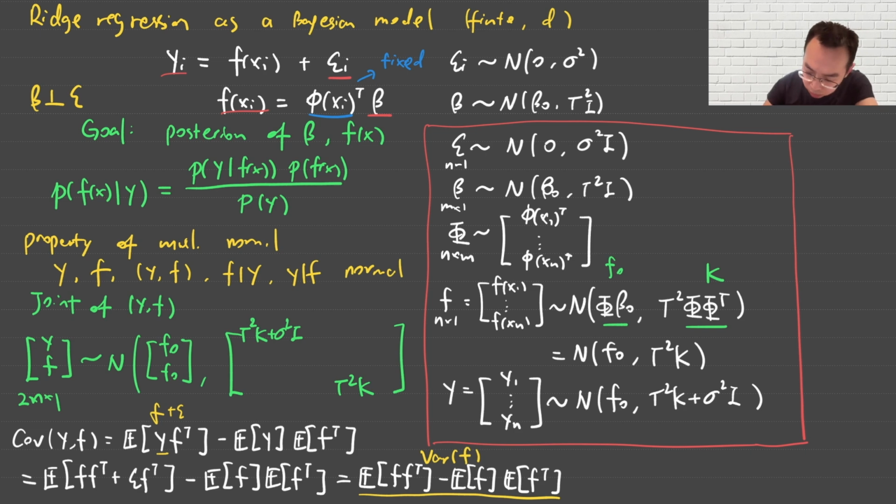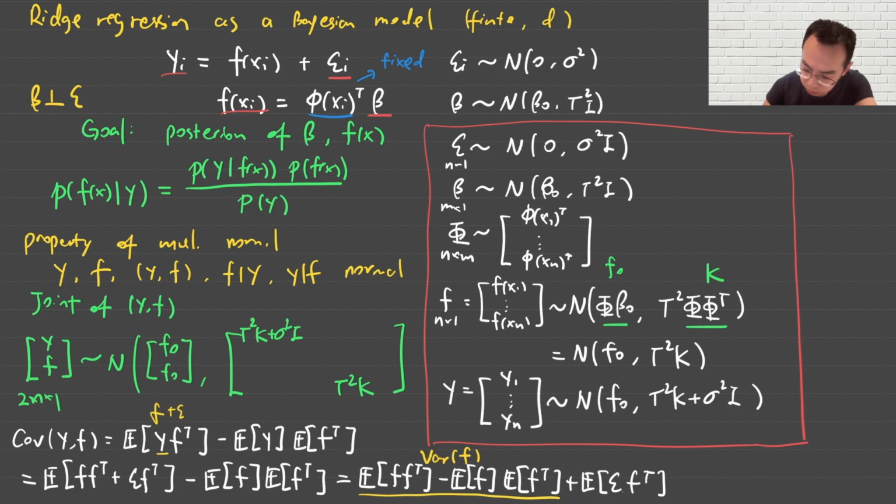Then we also have plus the expected value of epsilon times f transpose. For the second term here, because epsilon and f are independent, we can factor them.